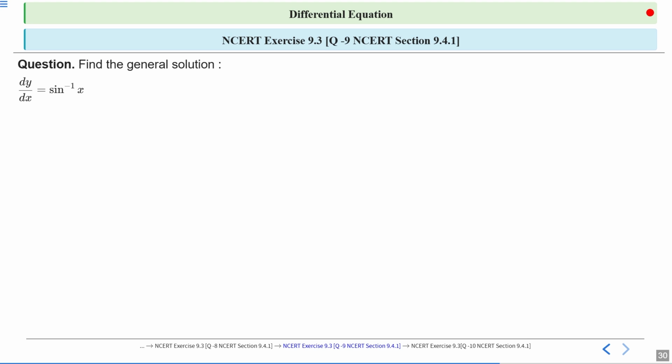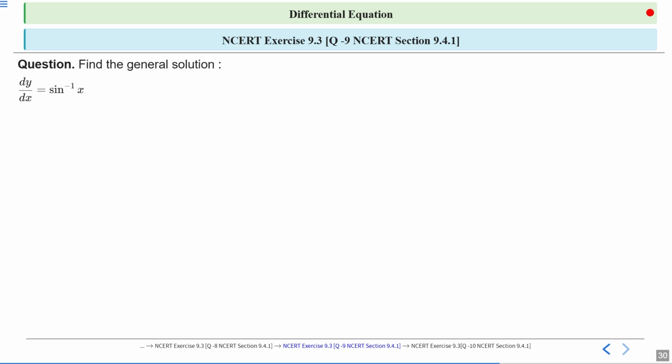Question number 9 is, find the general solution of dy by dx is equal to sine inverse x. Whenever you solve a differential equation, the first task is to recognize what is the order and degree of the given differential equation.